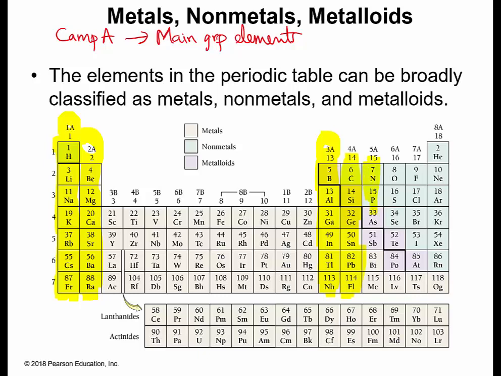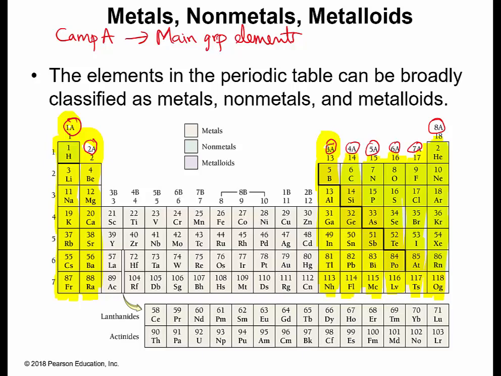Group 15 will be 5A. Group 16 will be 6A. Group 17 will be 7A, and Group 18 will be 8A. Please remember these groupings: 1A, 2A, 3A, 4A, 5A, 6A, 7A, and 8A. That is how we group the elements in the United States, and I'm going to be referring to them a lot.